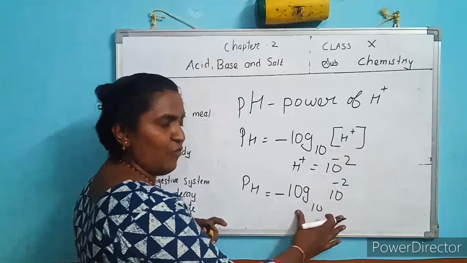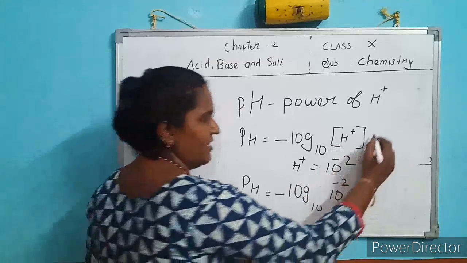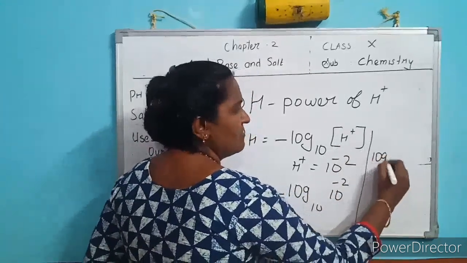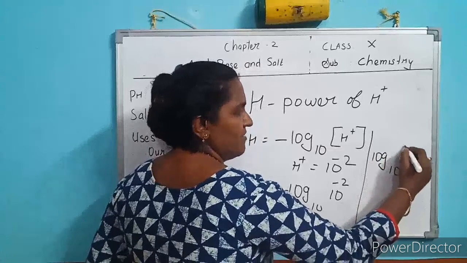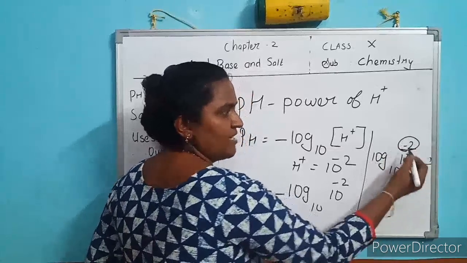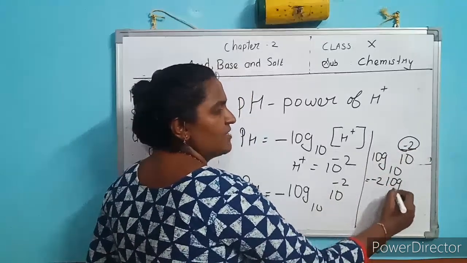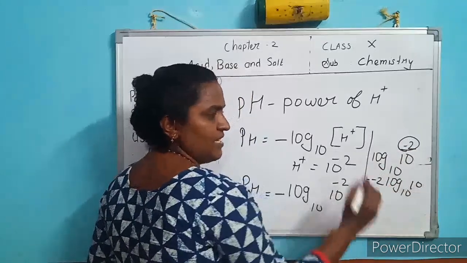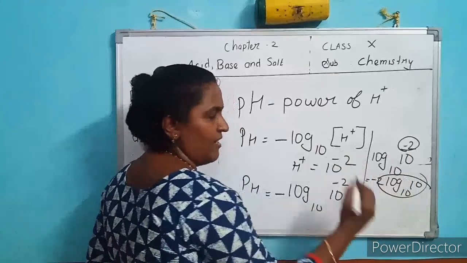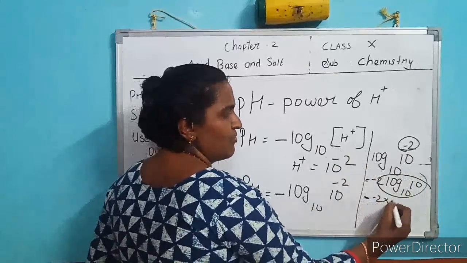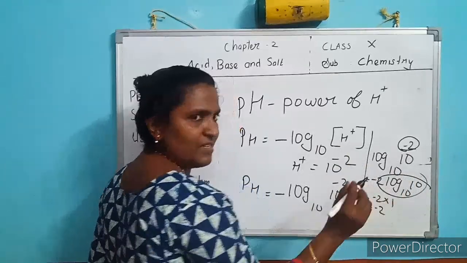One formula in logarithm: log 10 to the power, this power comes to the front, equal to minus 2 log 10 to the base 10. This value is equal to 1. So minus 2 into 1 equals minus 2.